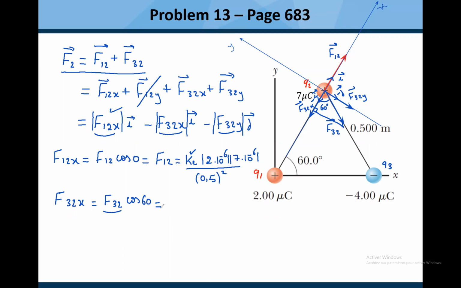We can put its value: k e q3, which equals minus 4 microcoulomb, don't forget absolute value, so 4 times 10 to the minus 6, times q2 equals 7 times 10 to the minus 6, cosine 60, divided by the distance squared, 0.5 squared.